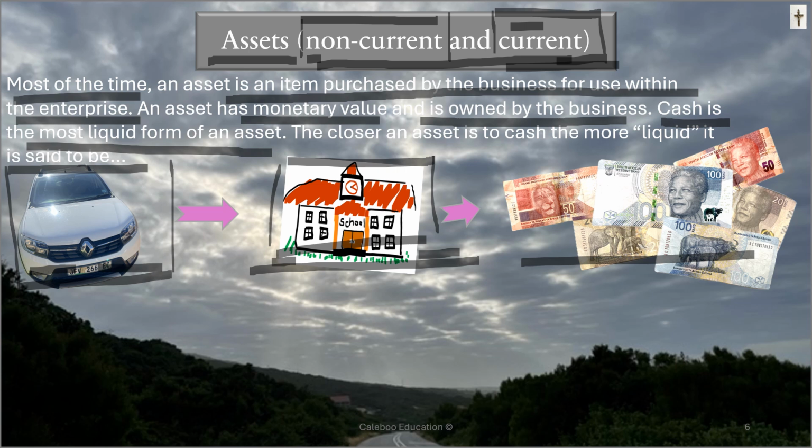But a vehicle, let's say for example a delivery vehicle, is not purchased for a period less than 12 months. It's most probably purchased for a period of 4 years or more. So a vehicle would be a long-term asset or a non-current asset.